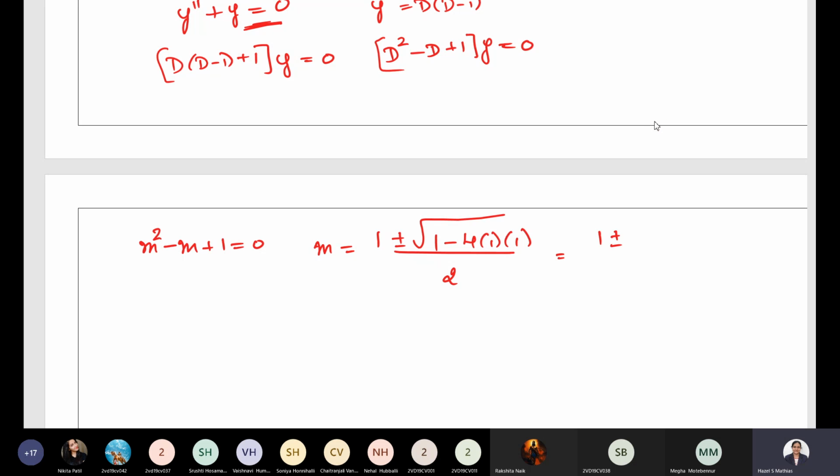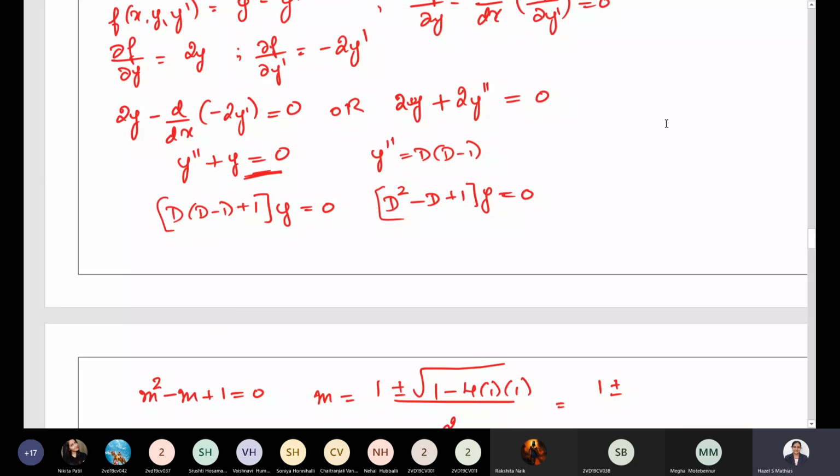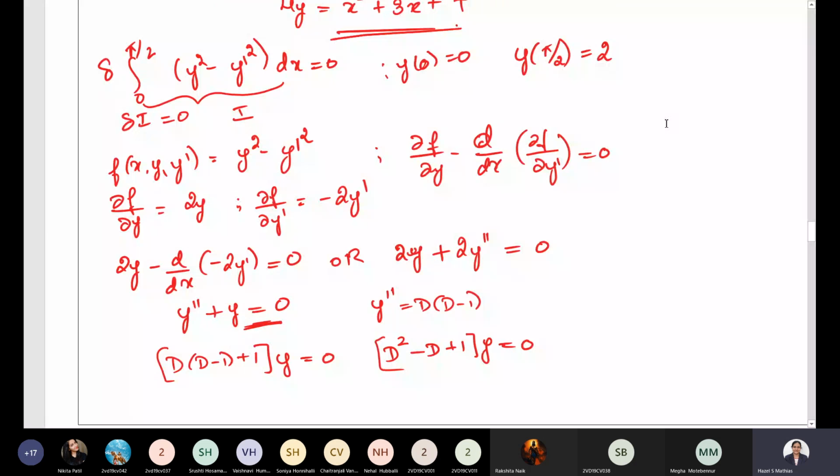Am I correct? How do you find the solution of this? So what are its roots? You just tell me the roots of this.